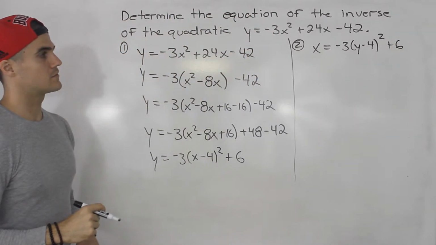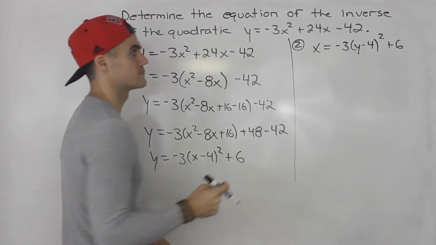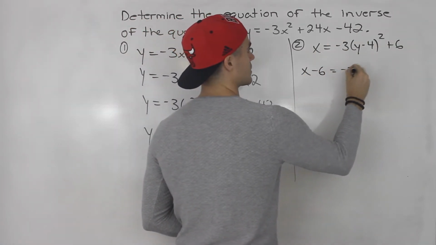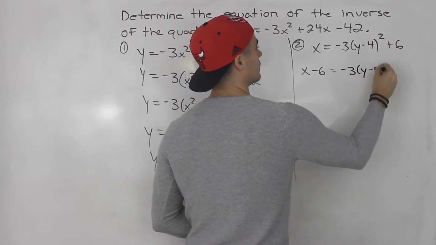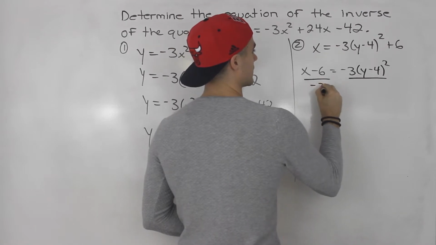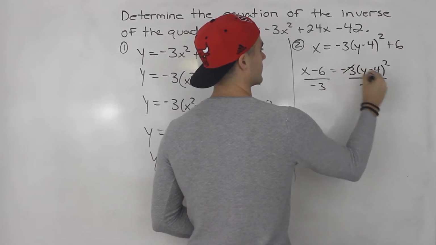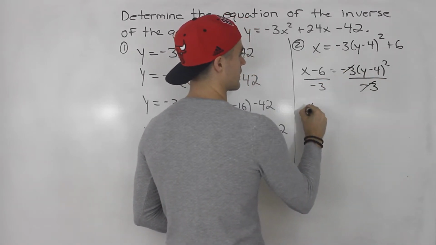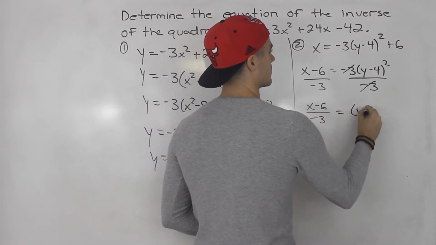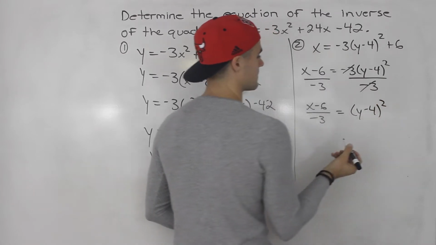Okay, and then from here we just have to isolate for the y. So bring the 6 over, so we'd have x minus 6 equals negative 3 (y minus 4) squared, and divide both sides by negative 3, like that. So we have (x minus 6) over negative 3 equals (y minus 4) squared.